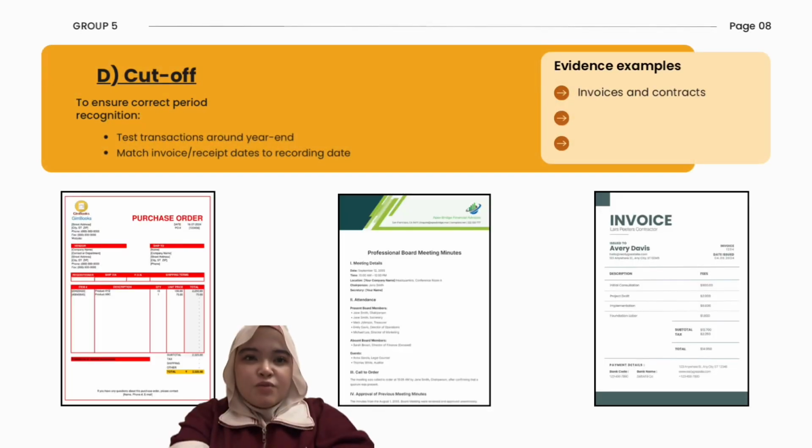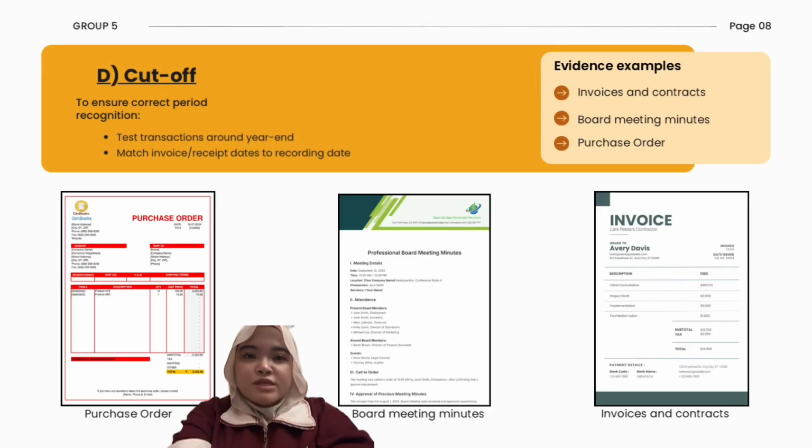For this slide, I will explain about cut-off. Cut-off is important to ensure that all transactions are recorded in the correct accounting period, especially around the year end. To test this, the auditor will examine transactions that occur near the end of the financial year. They will check whether these transactions are recorded in the correct period.